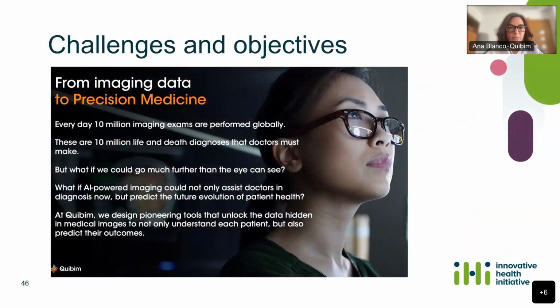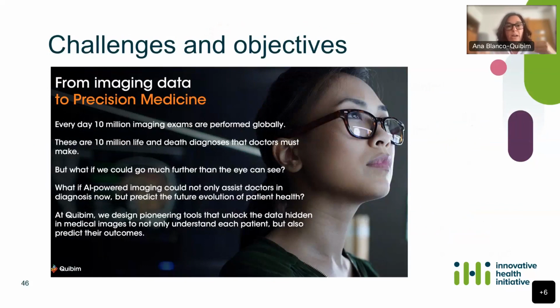The challenge and objective that we are focused on is going from imaging data to precision medicine. Every day, 10 million imaging exams are performed globally. There are 10 million lives behind these images and the diagnoses that doctors must make. But what if we could go much farther than the eye can see?